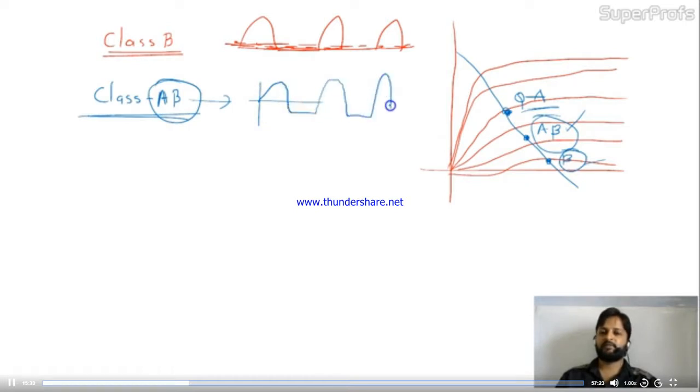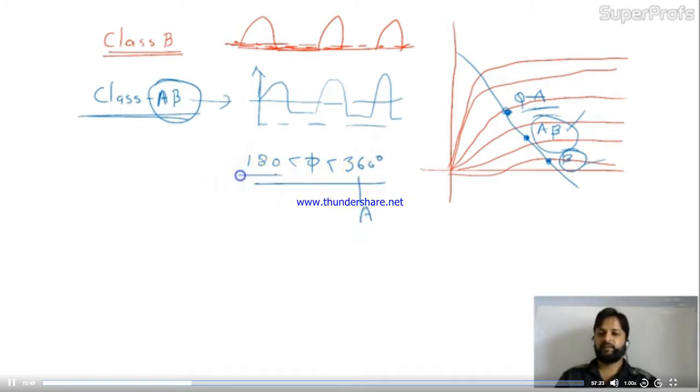We'll not get the full waveform, but we'll get more than half. In terms of phase angle, it will be between 180 degrees and 360 degrees. We are not going to get 360 because 360 is for A and 180 degrees for B. So for AB, we will be in the middle of this.